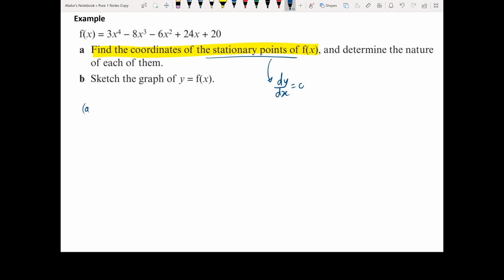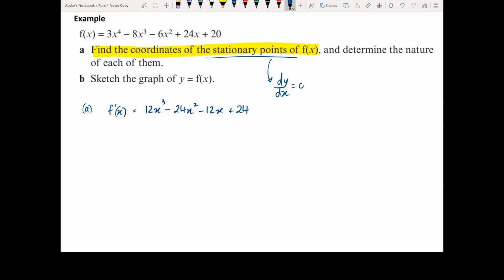So to begin with, I'm going to find my gradient function, which can be denoted by f dashed x, which is equal to 12x cubed minus 24x squared minus 12x plus 24.